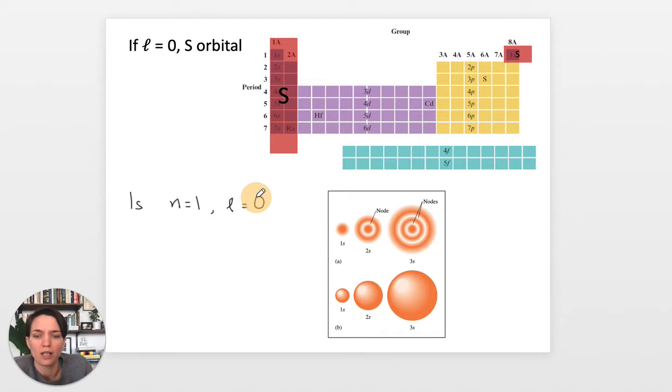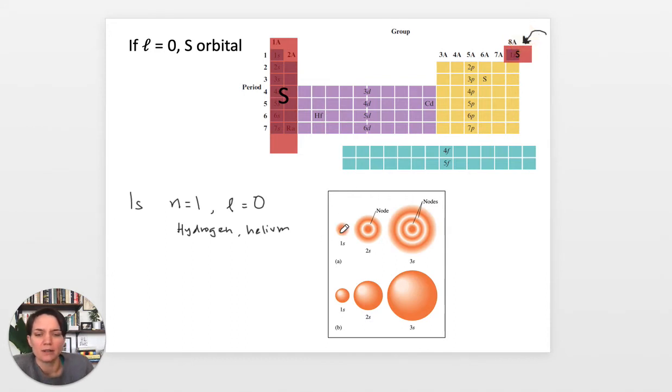If we're talking about 1s, there's only 2 species that could be defined by just 1s, and that is either going to be hydrogen or helium. Remember, don't forget this part of our s orbitals.